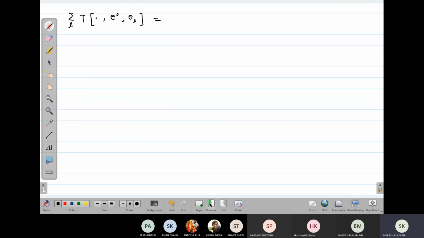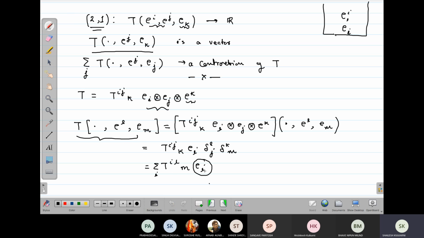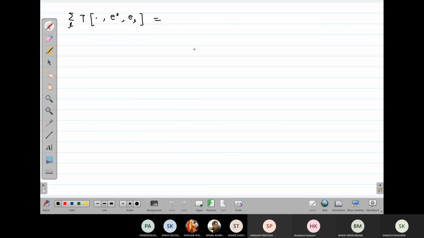Use your previous relation: T^{il}_m e_i, summation over i, and then I have to replace m by l, so I will replace m here by l and sum over l also. Now I will not write the summation here. I will just write T^{il}_l e_i.